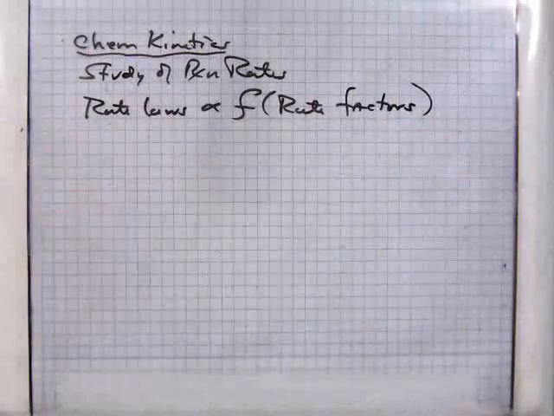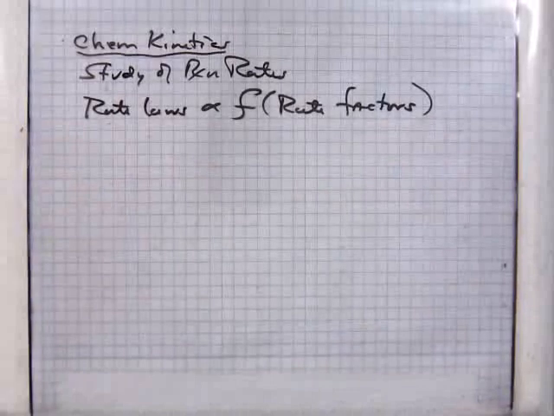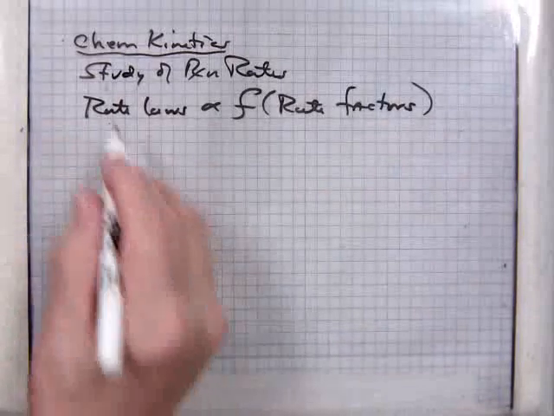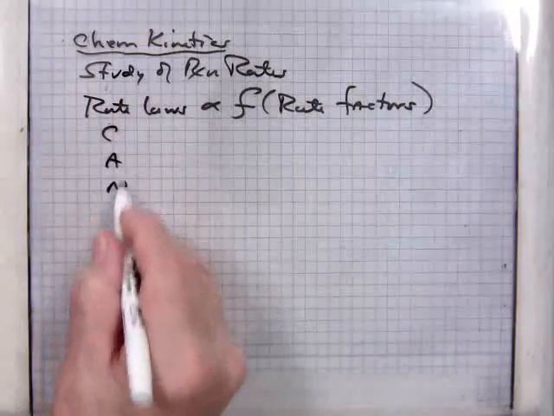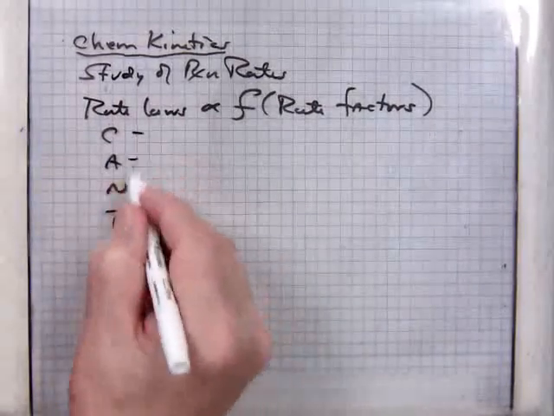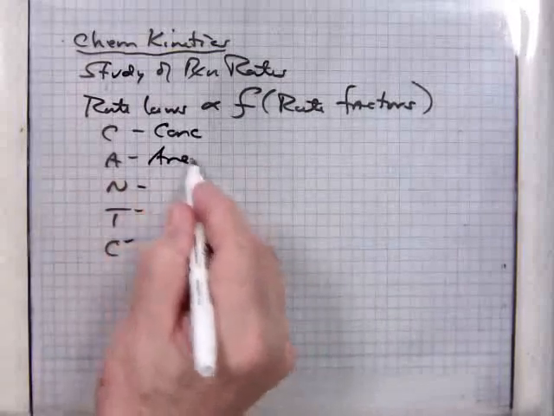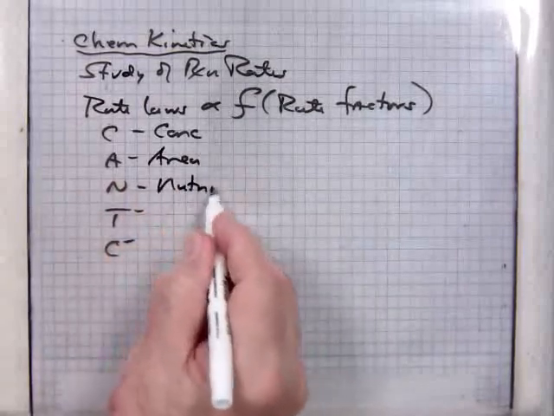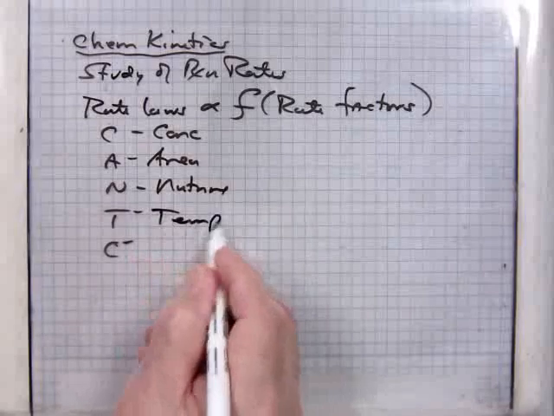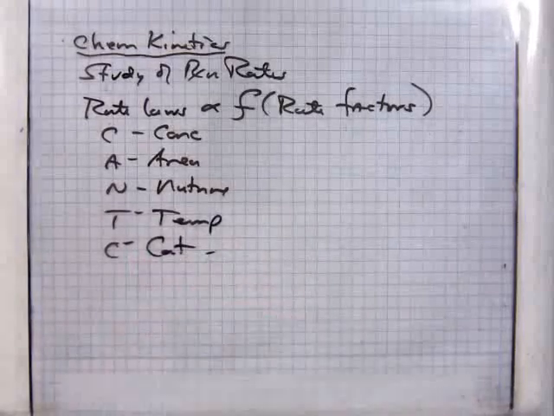And these rate factors are defined by a little acronym that I gave you, CANTC. Each one of these has a meaning: concentration, effects, area, nature, temperature, catalyst, and so forth.